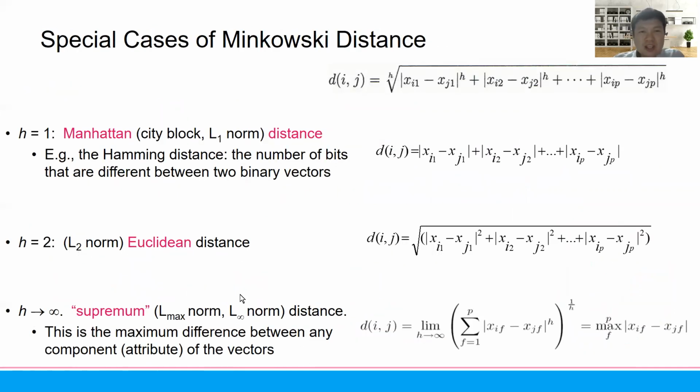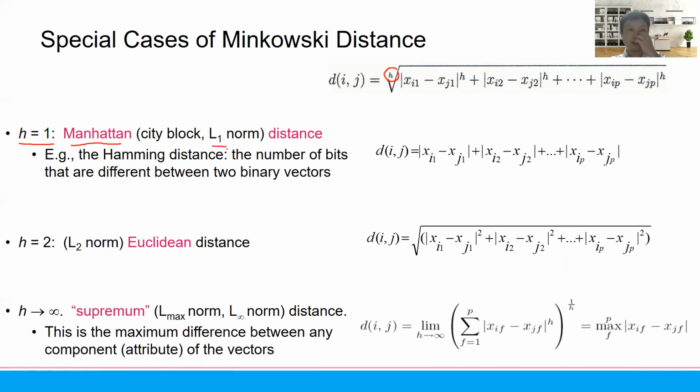Now, the special cases of the Minkowski distance: there are 3 things. The first is h equal to 1. We just put h equal to 1, and we call it the Manhattan distance or L1 norm.